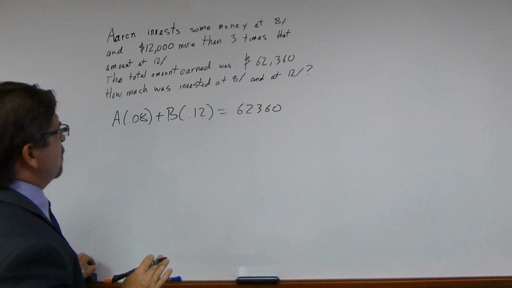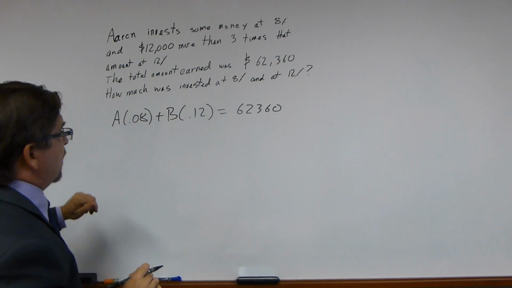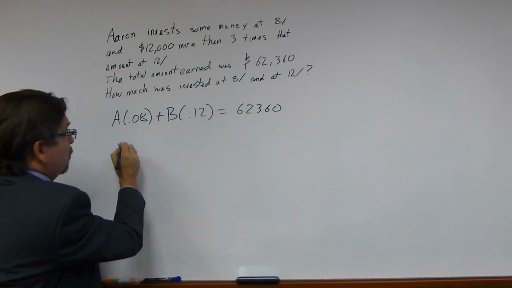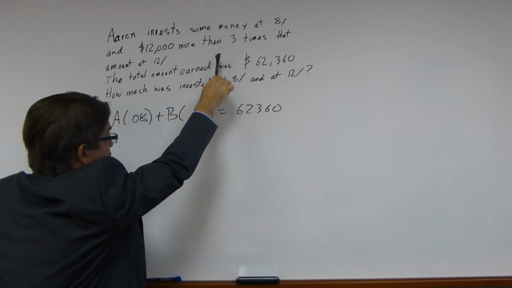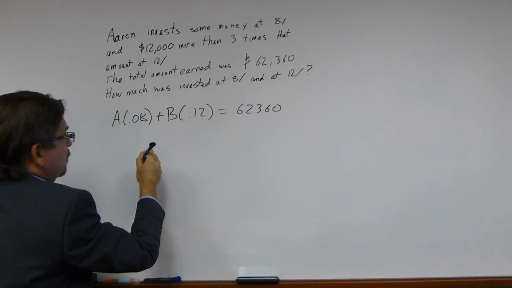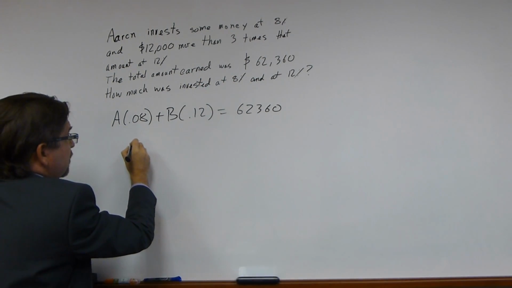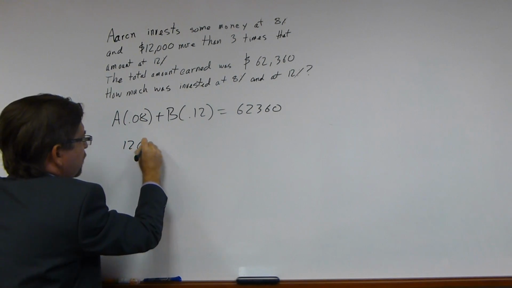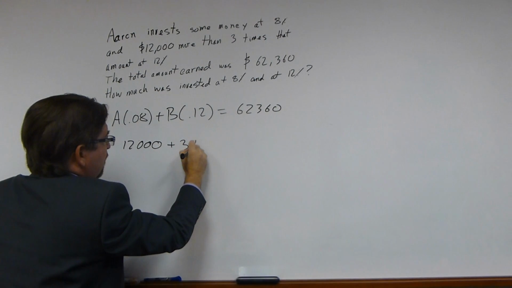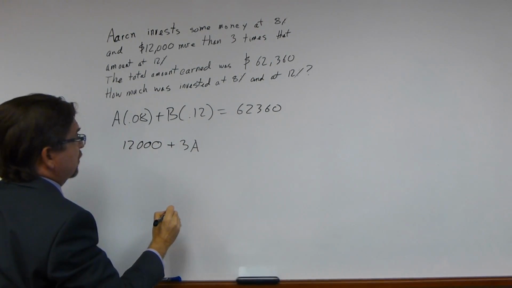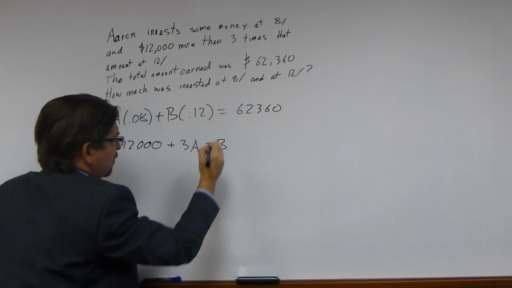We also know that however much A is, B is this much more than 3 times that amount. So that's 12,000 more than 3 times A. So that's what B is.